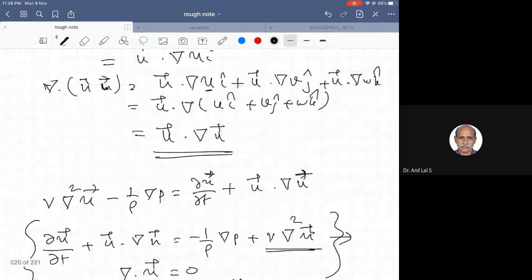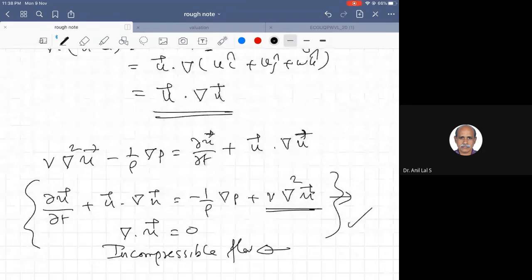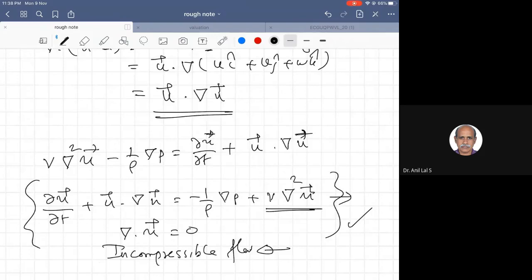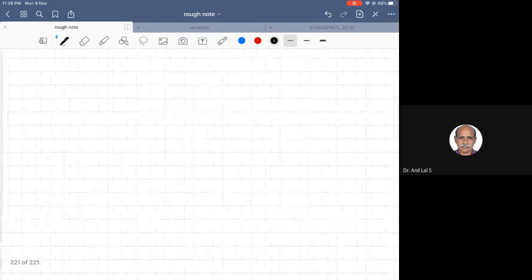We can write the expanded form of these equations by applying the velocity vector and del in the respective coordinate system. So we have different expanded forms.